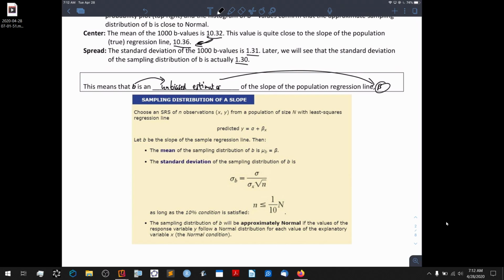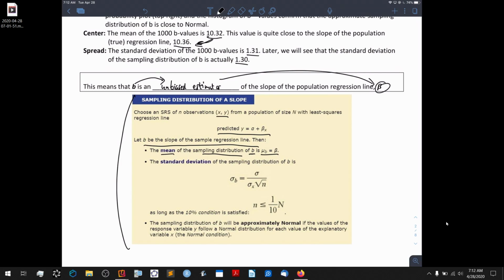Okay, and so let's talk about the sampling distribution of a slope. It says if you choose an SRS of n observations, that's paired data, from a population of size n with least squares regression line so and so, and let b be the slope of the sample regression line, then the mean of the sampling distribution of the sample slope is this.